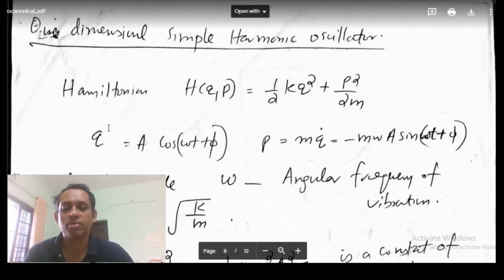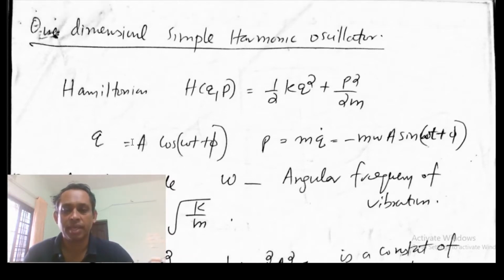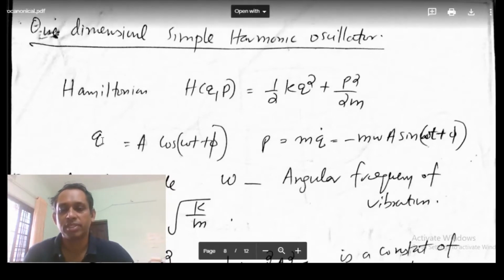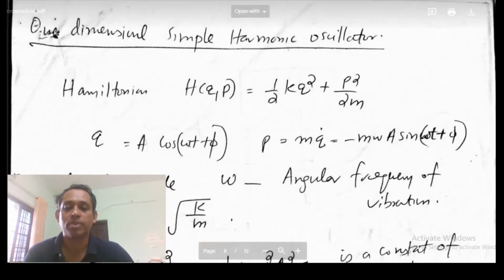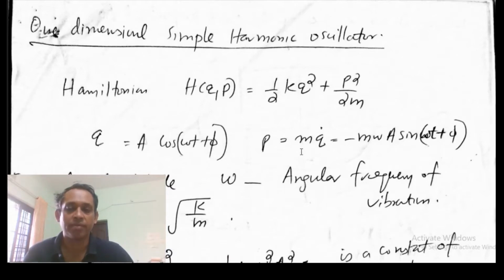If we find q dot, we differentiate with respect to time, so cos will change into sine, and this omega will come outside. So that will be minus a omega sine(omega t plus phi).